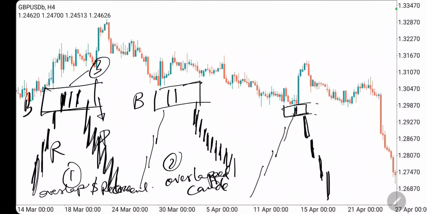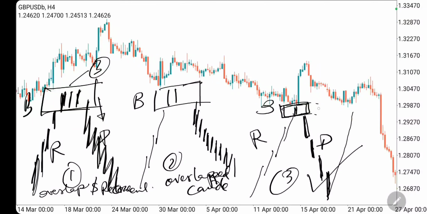This is rally base drop with a high intensity. This is the base of the zone. The market left with a high intensity. This scenario number 3 has a higher chance of success if you want to come and sell from this zone.